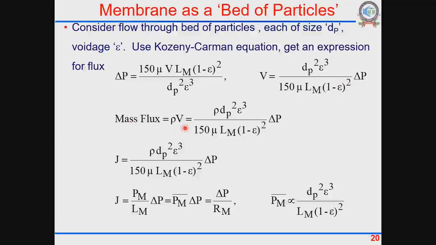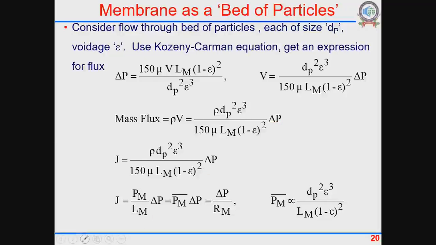Now mass flux we are going to write as rho multiplied by v, because this v itself is already the superficial velocity across the whole membrane, because we are considering the membrane as a bed of particles. So this mass flux would be rho dp square epsilon cube divided by 150 mu lm, the length or thickness of the membrane, (1 minus epsilon) squared, times delta P.